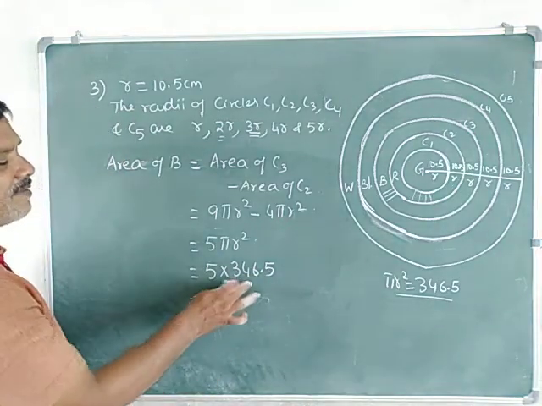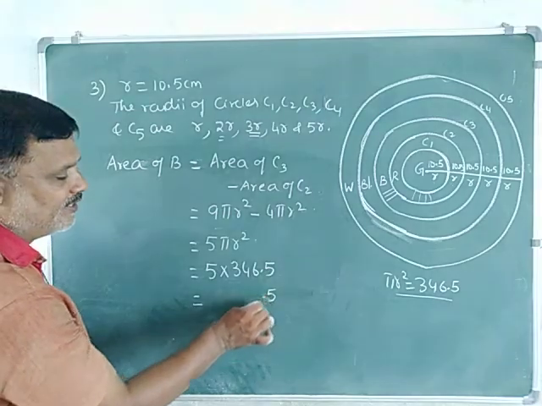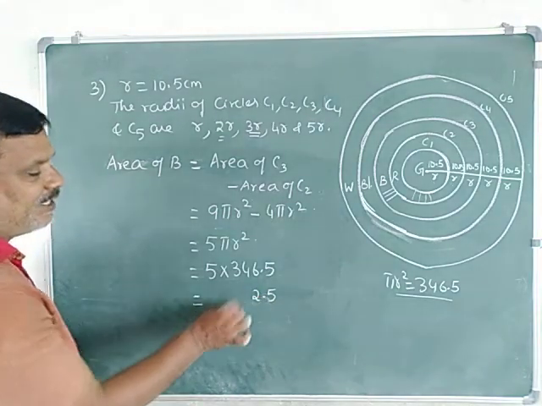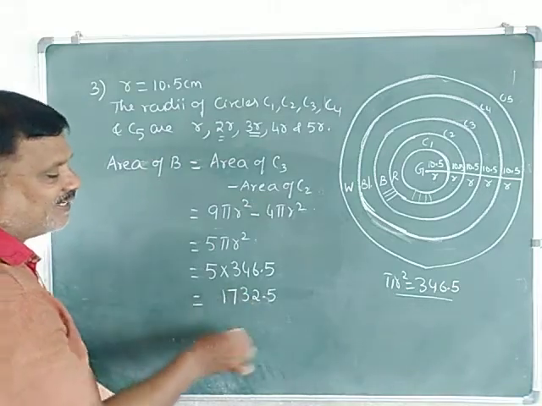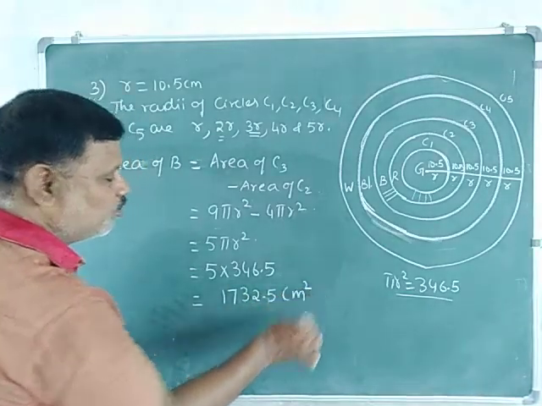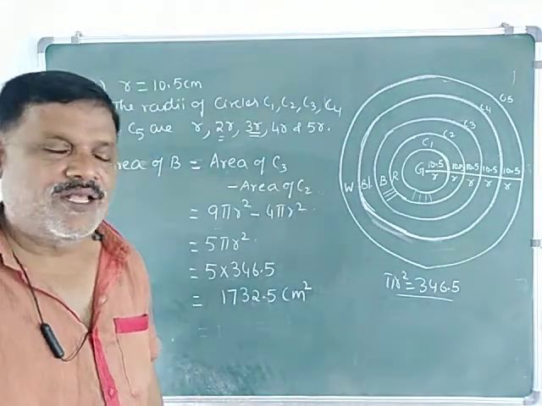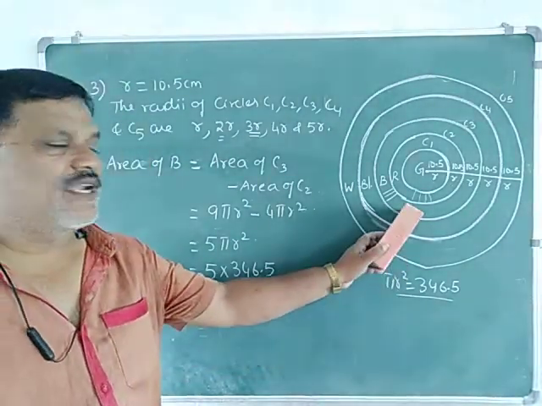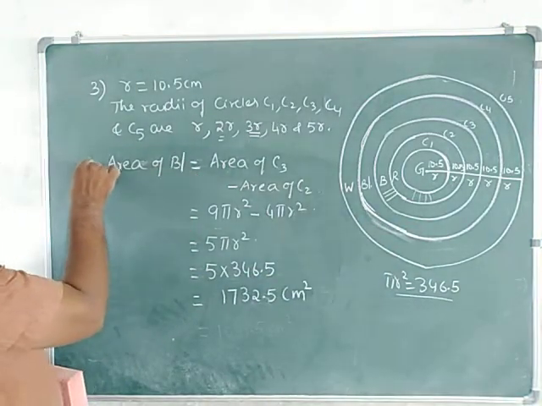Now we multiply this number with 5. 5 5s are 25, balance 2, point. 5 4s are 20 plus 2, 5 3s are 15 plus 2, 17. So 1732.5 centimeters square. Okay, so this is how we find the area of the blue region.